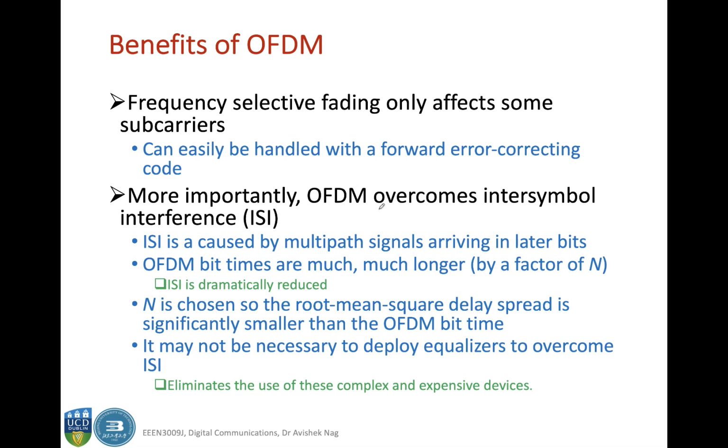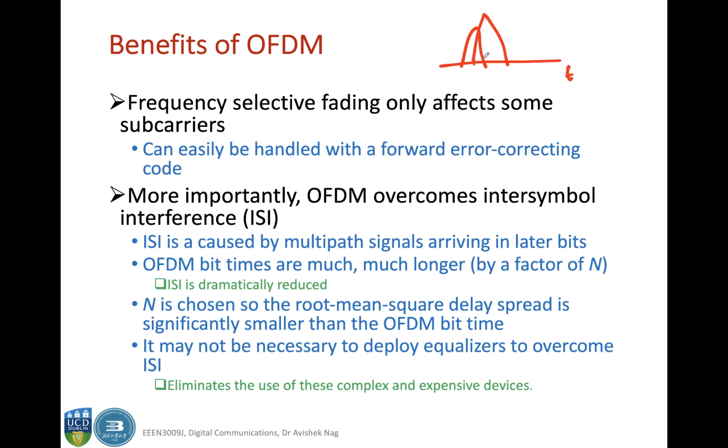Because of improper time synchronization, and because of the multipath, different copies of the signals arrive at different times, so there could be some inter-symbol interference. Let's say this is one symbol and then another copy might fall on this one, if this is the time axis.